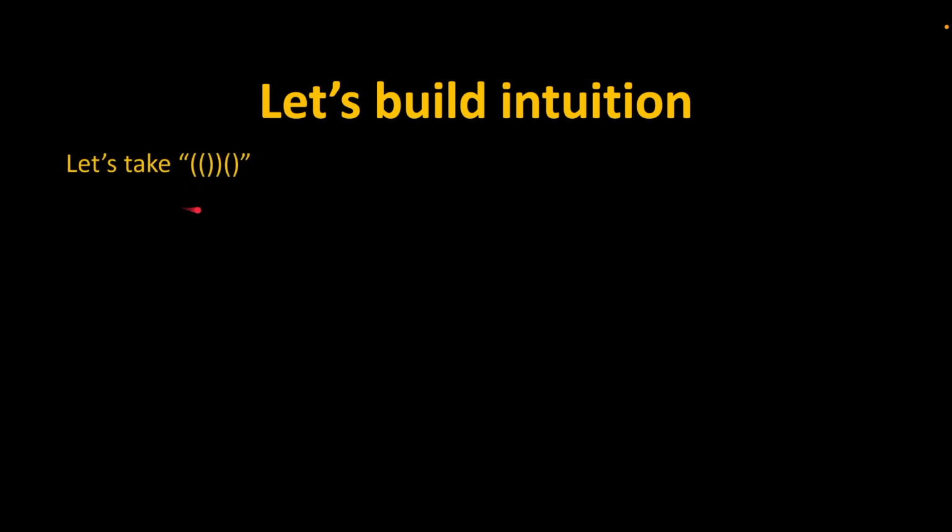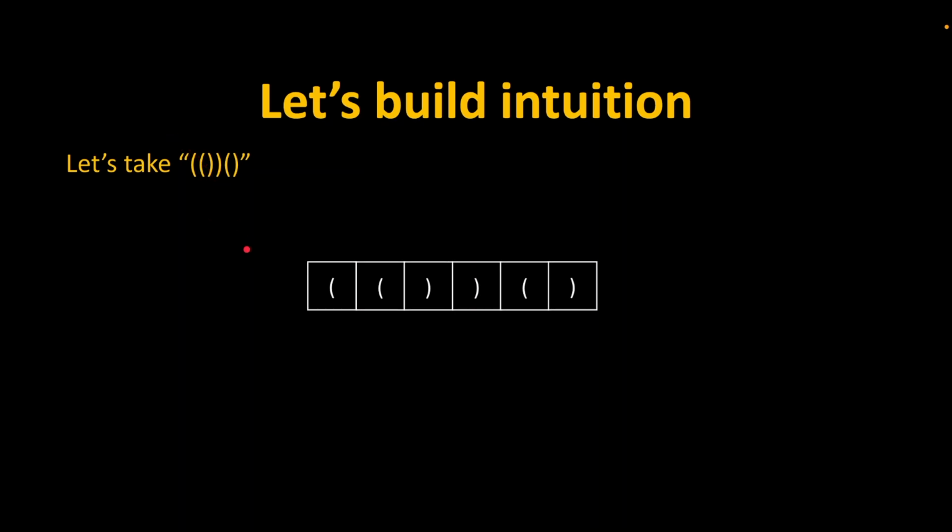So with this string, let's do some dry run and build the intuition. What we discussed earlier is for every close bracket, we will try to find the open bracket and make the pair. So here I can see this is the close bracket. What is the open bracket for this? We have this and this. But if we take these two, they will make a pair and a valid string.